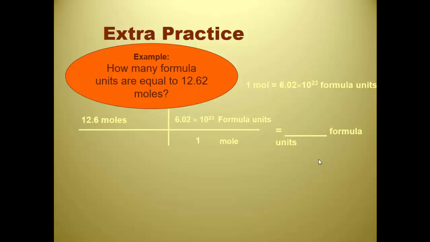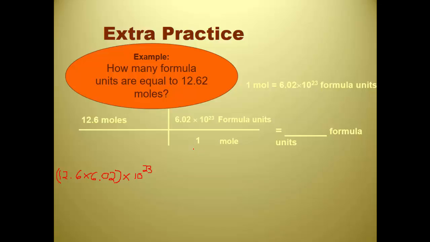So let's math that out. I think this is where some people are getting worried, so I'll show you exactly how I want you to do it. We write down 12.6, multiplied by, and we can put this all in parentheses, 6.02 times 10 to the 23rd.